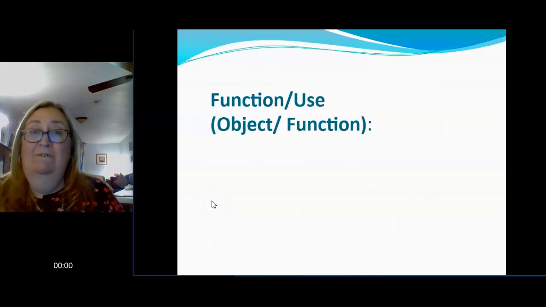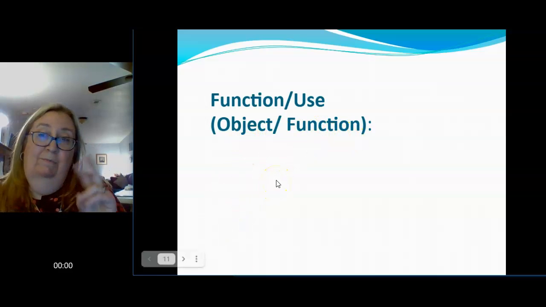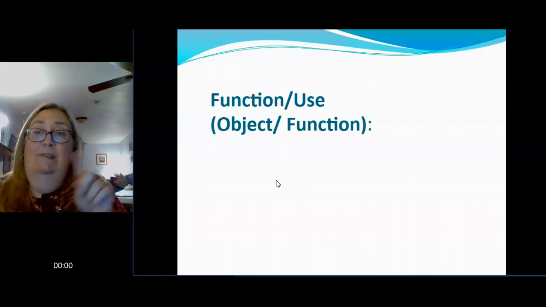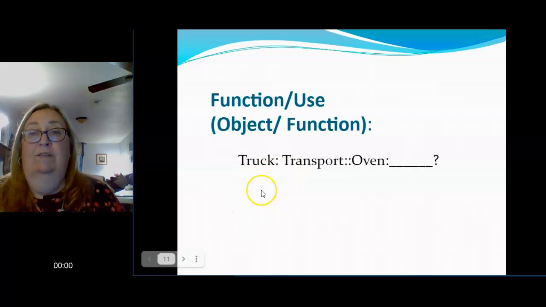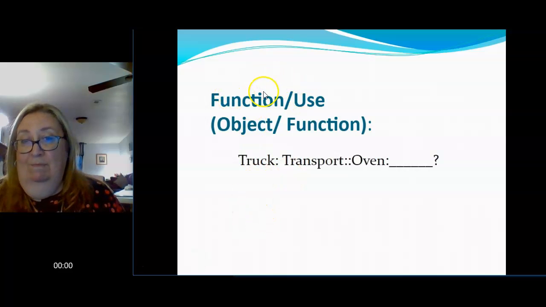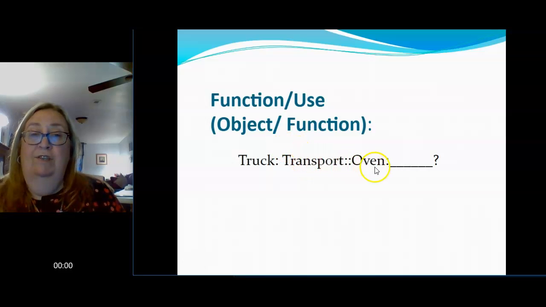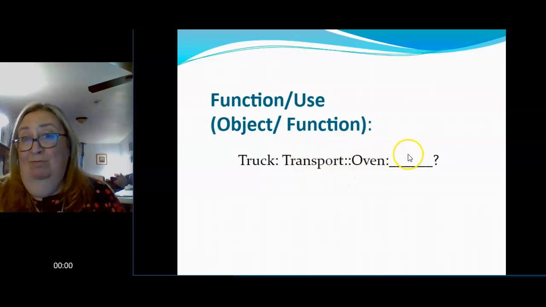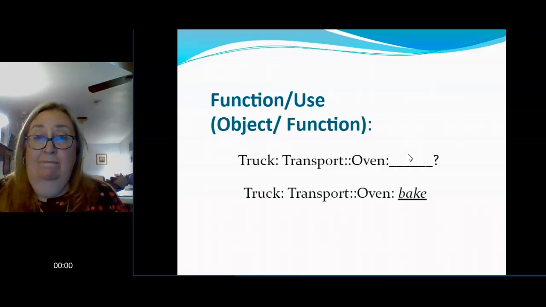Another relationship is the function or use of something, or the object and what it's used for. So those can also be flipped. Just remember, you have to read them in the same direction for both parts of your analogy. If it's the use of something, we use a truck to transport, just like we use an oven to bake, right?